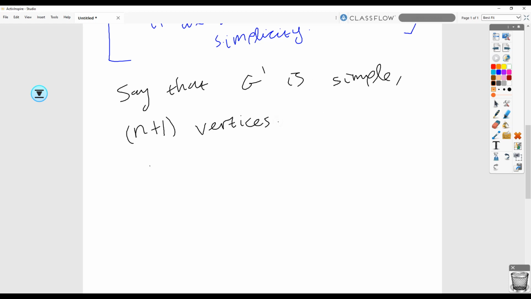Now, what I can say is that the number of edges of G dash is, well, I don't know exactly what it is, but I know that it is going to be less or equal than the number of edges of G, which we assume has n vertices, plus n.